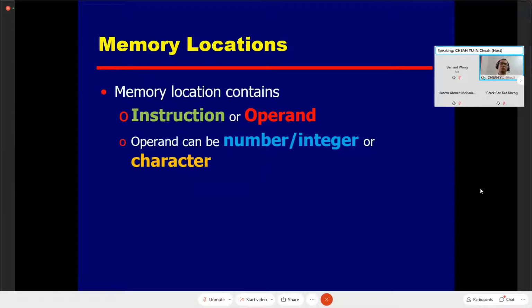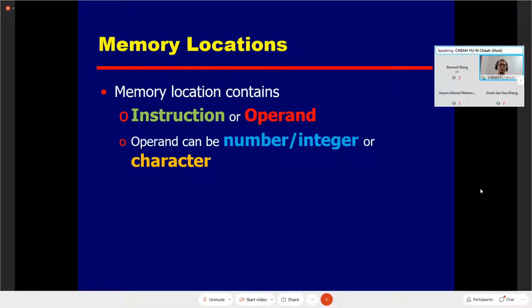Each of these memory locations can contain potentially a few things. It can contain instructions. It can contain operands, and these operands can be numbers, integers, floating point values, or characters, all stored in memory in that location itself.